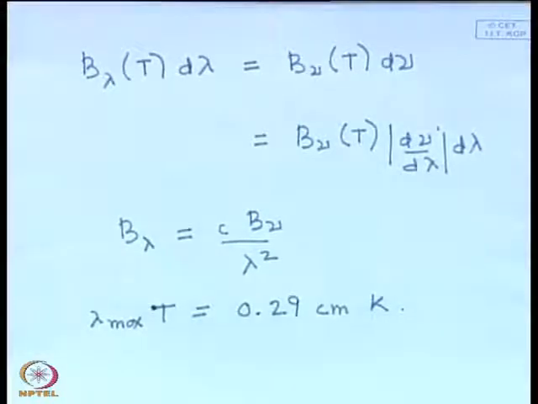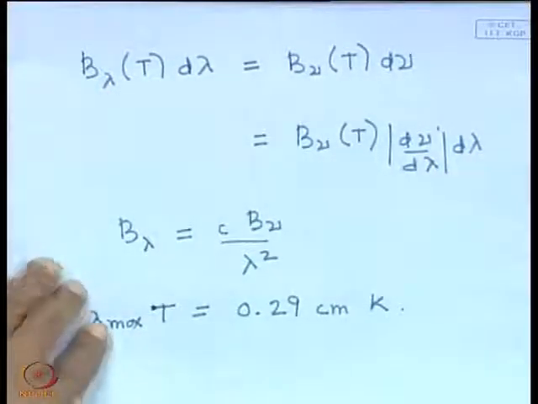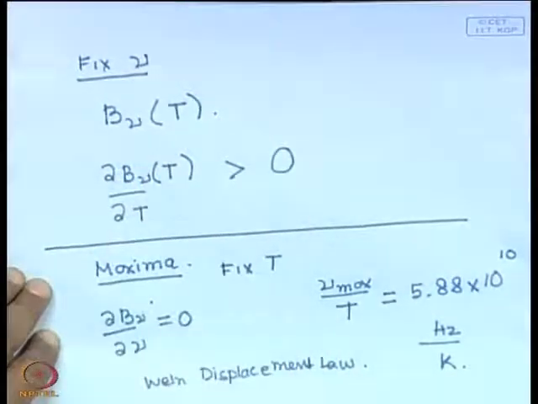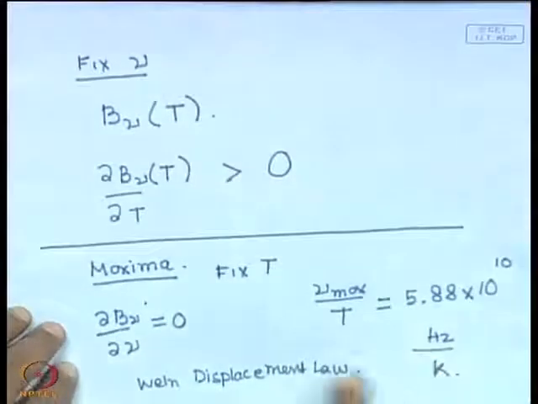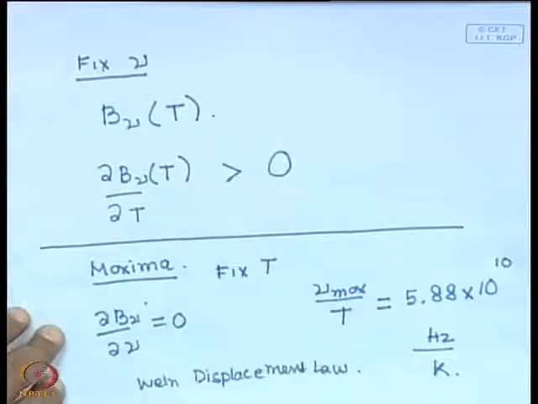Okay. This is also known as the Wien displacement law. So you can use either of them, both of them refer to Wien displacement law, and this tells us where B lambda has a maximum, and the one that we considered earlier tells us where the B nu has a maximum. Now you cannot relate lambda max and nu max by just a factor of C, because they are the maxima of two different functions, okay, they are slightly different.